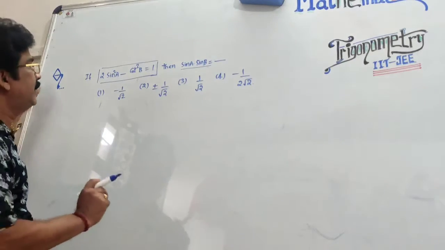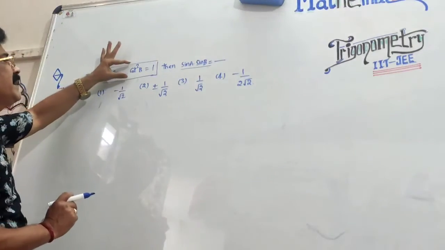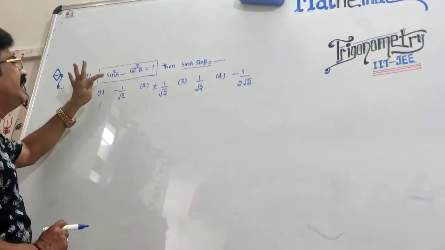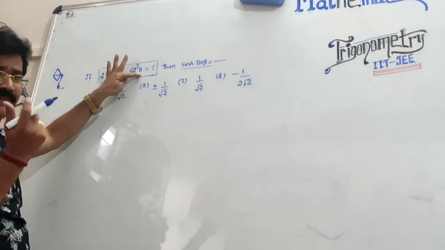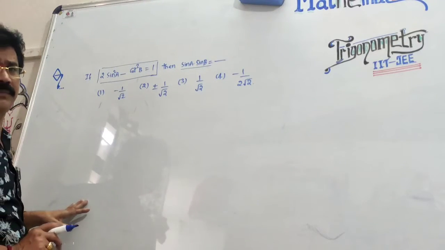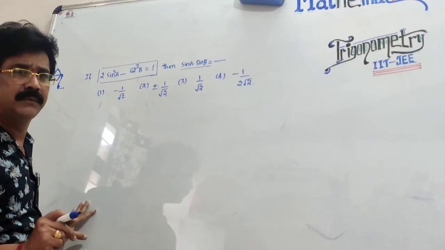What I am telling is 2 sine square a minus cot square b equals 1. So can you find a value and b value randomly so that this equation is satisfied? Think for 1 minute in the examination.